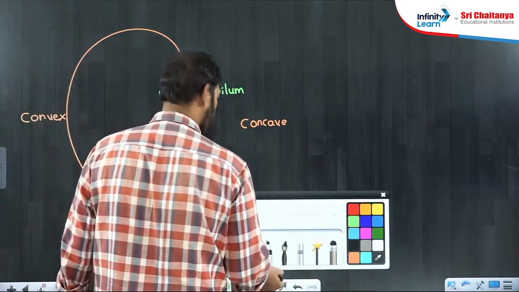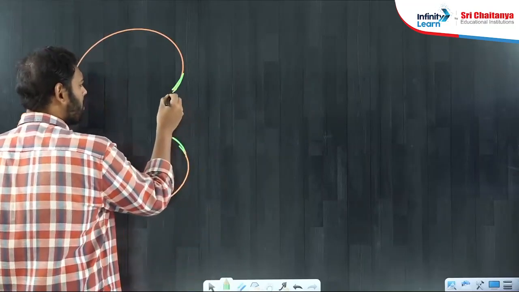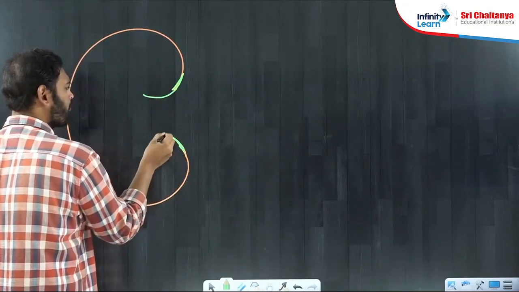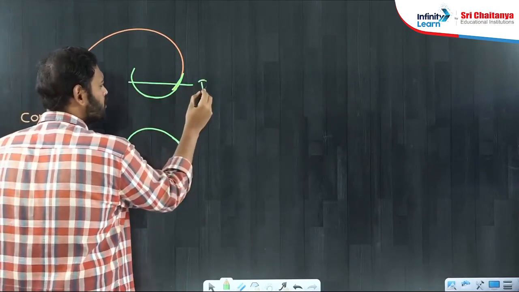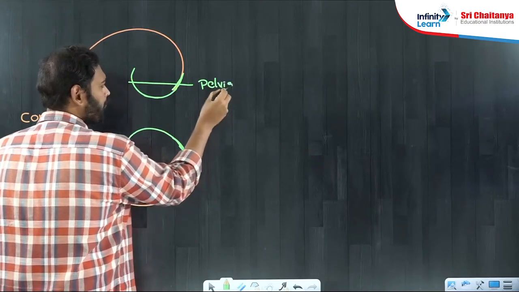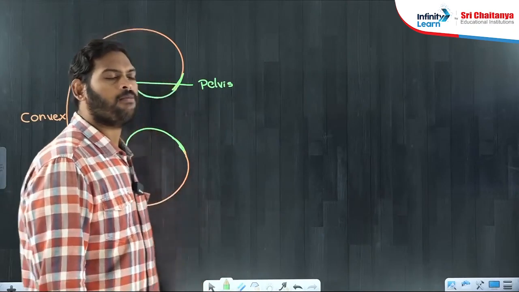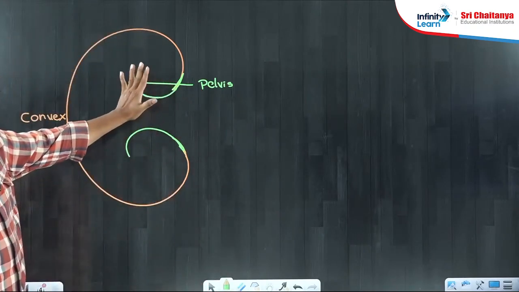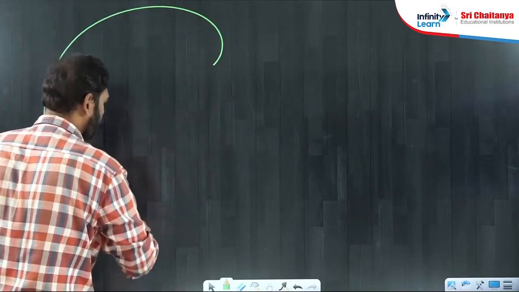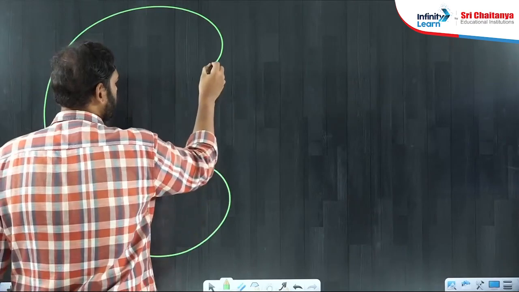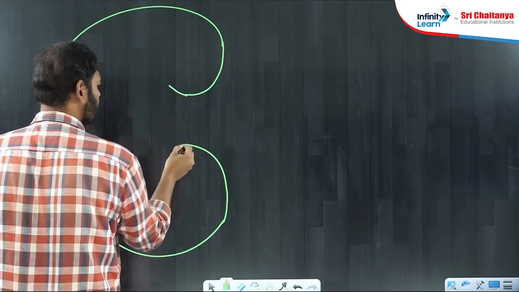And this hilum opens into a funnel shaped structure known as the pelvis. The hilum opens into a funnel shaped structure referred to as the pelvis. See this, hilum into pelvis, right?